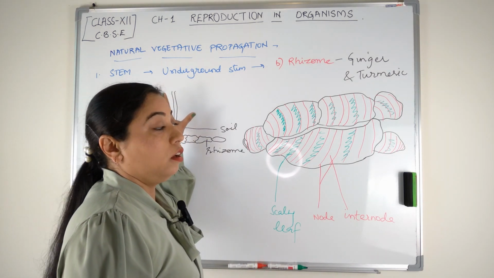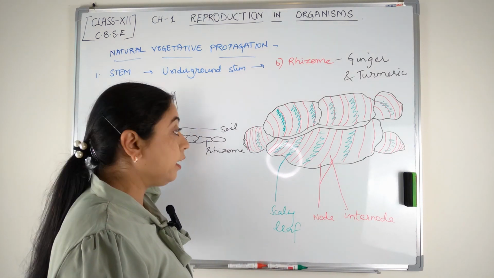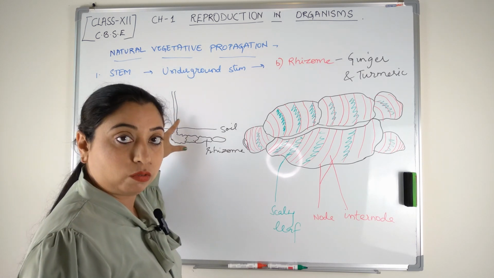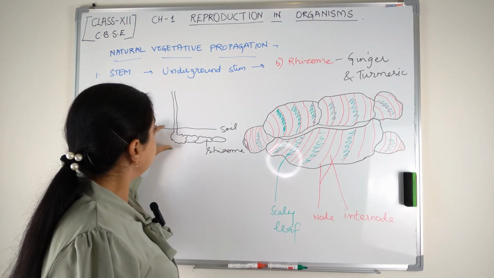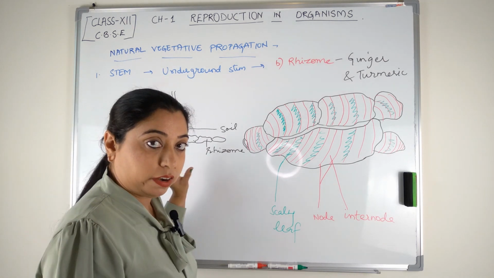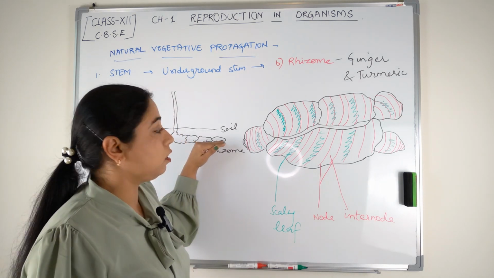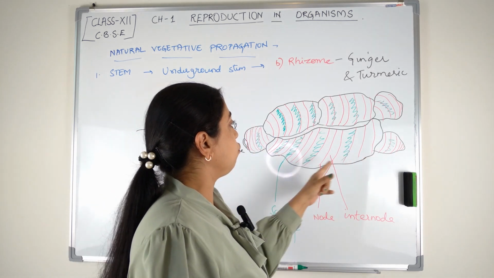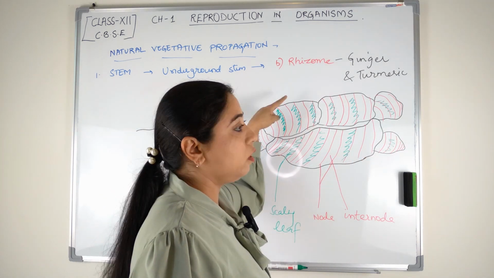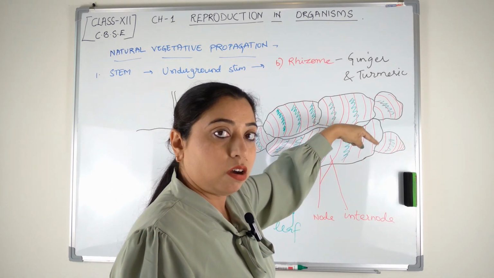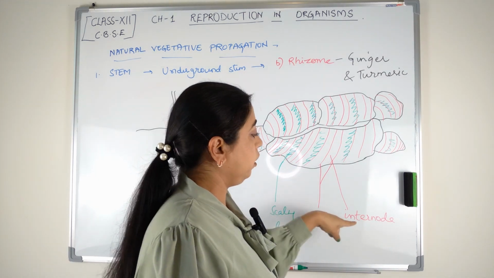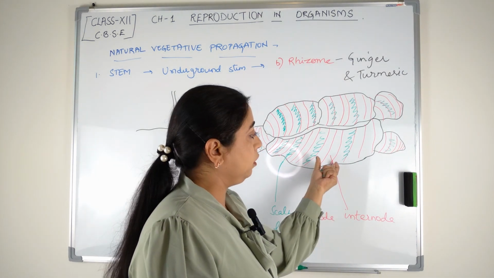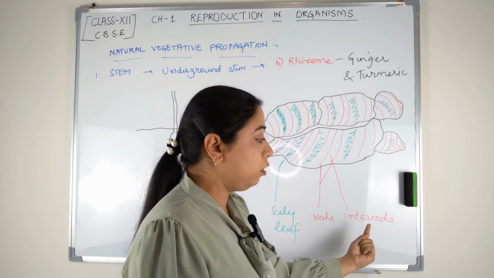So what a rhizome looks like actually: the main underground stem gives rise to a swollen structure, which is a rhizome that grows parallel to the soil surface. Each rhizome comprises a large number of circular distinct nodes all over its surface along with the internodes. The space between the two nodes is known as internode.